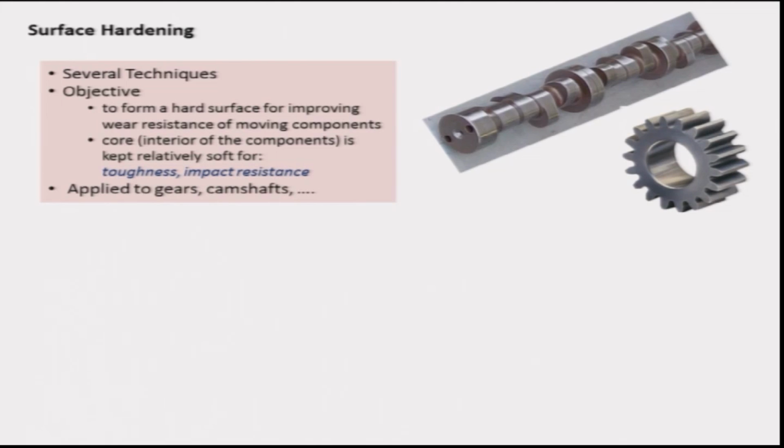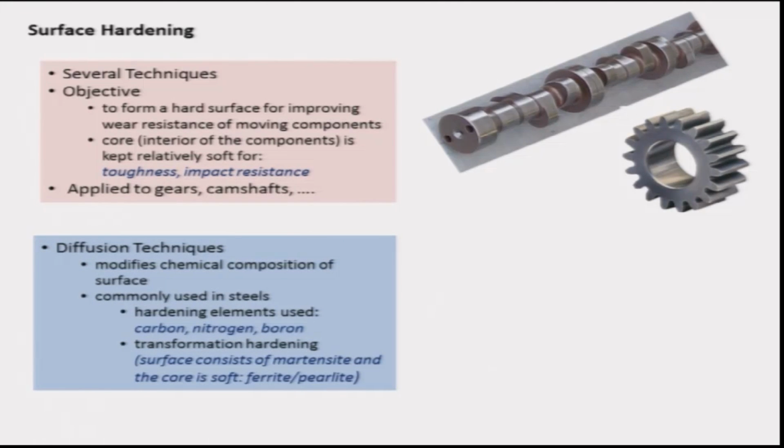One specific method of doing this is using diffusion. Through a process of diffusion, one modifies the chemical composition of the surface, so that the surface becomes harder. It is very commonly used in steels.